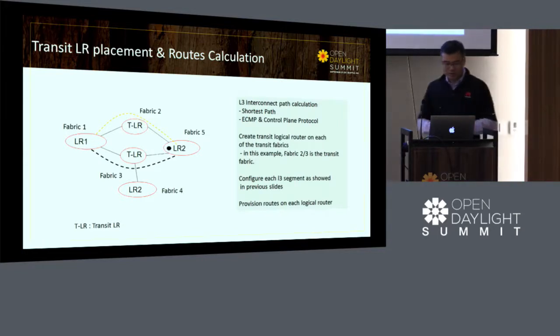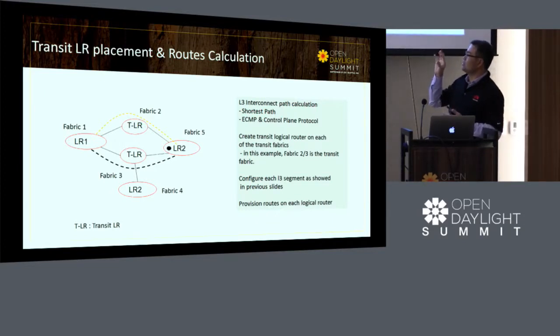So this is for layer 3. For layer 3, the only thing is you don't have to care about the loop because you can always use the shortest path. You can also use ECMP to connect the layer 3 because it's hop by hop routing. So then you calculate all the shortest paths. Basically, it's the shortest path tree between the logical router constructs.